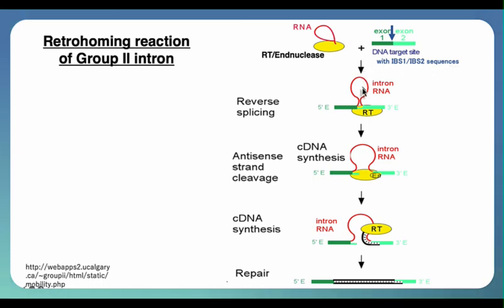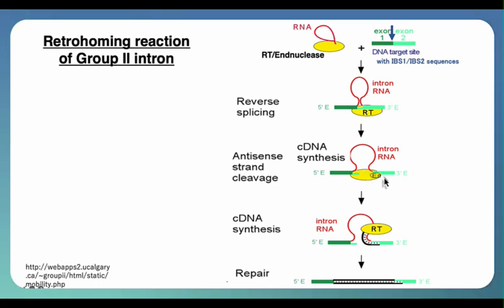What is characteristic of the reverse splicing reaction is the insertion of intronic RNA into the target DNA. In this reaction, first, an endonuclease cuts one strand of the target DNA. Then, the intronic RNA is ligated to the digested point. Following this reaction, cleavage of the other DNA strand occurs.